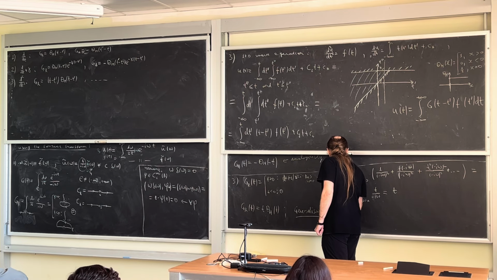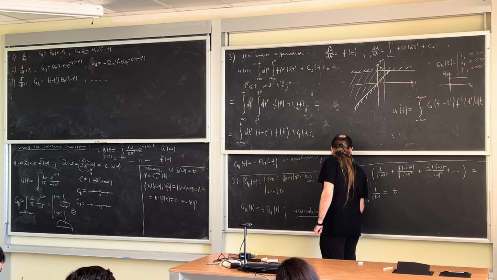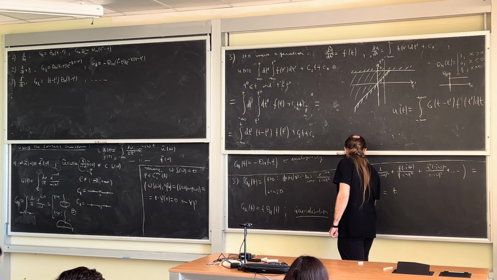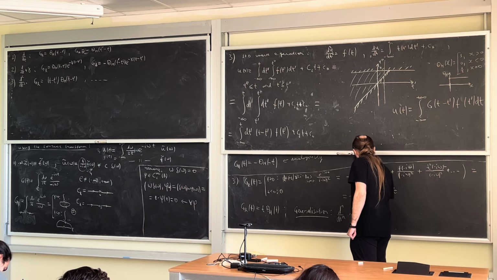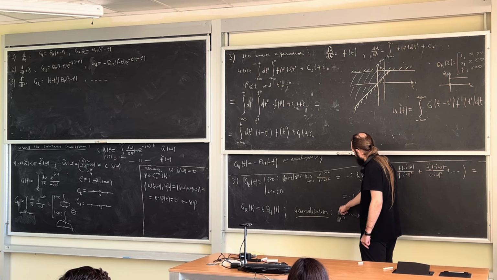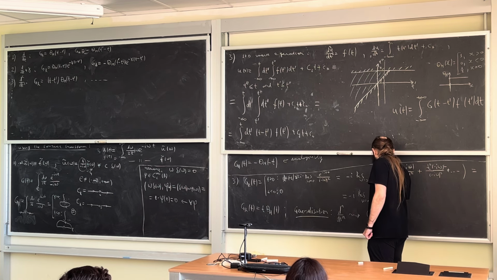So if you put here d^n over dt^n, can you imagine what the Green function for this operator is?